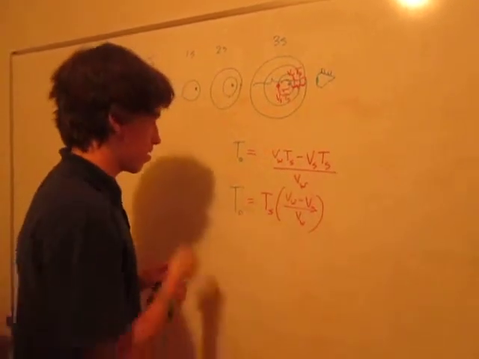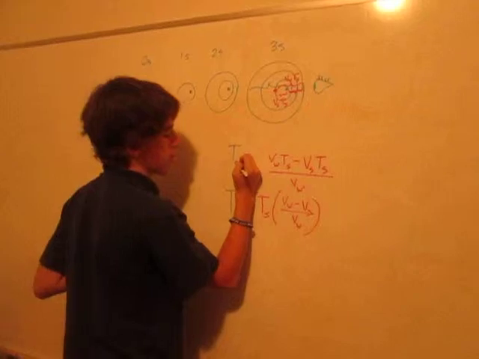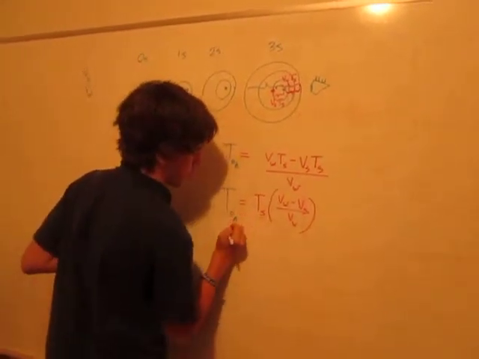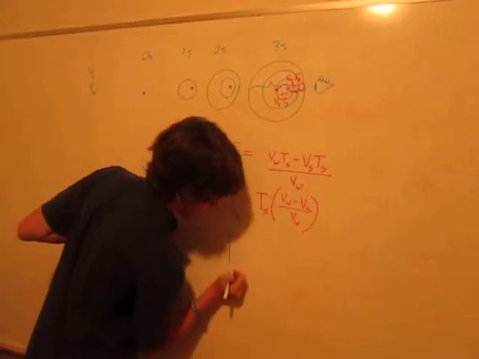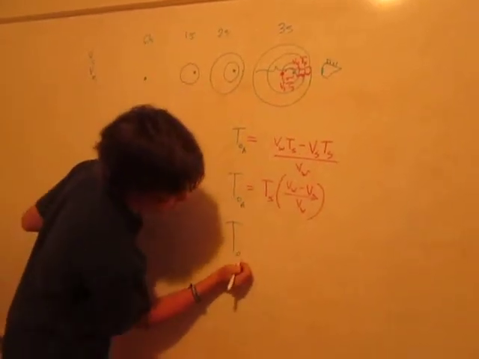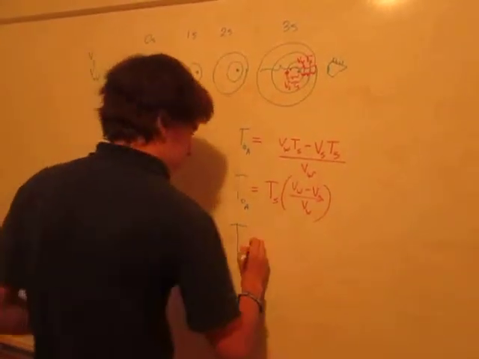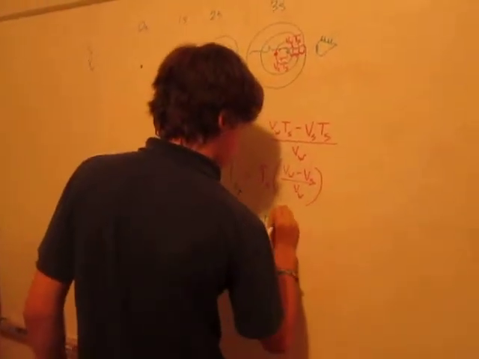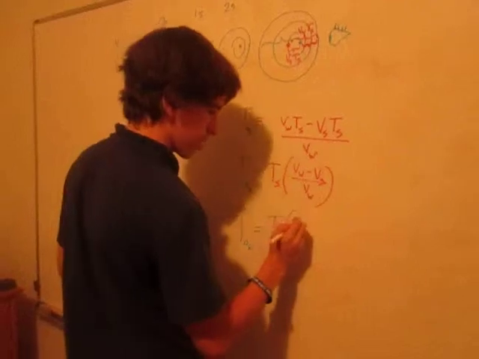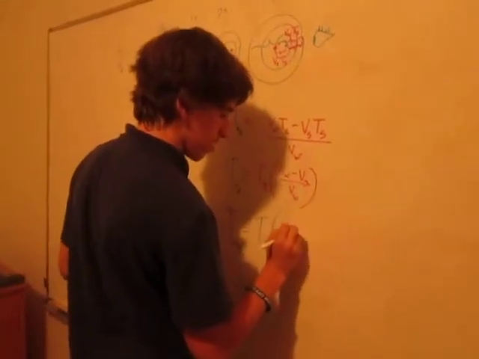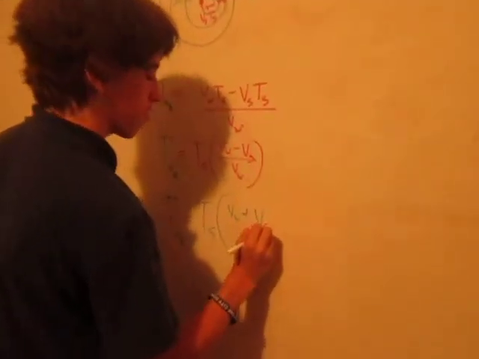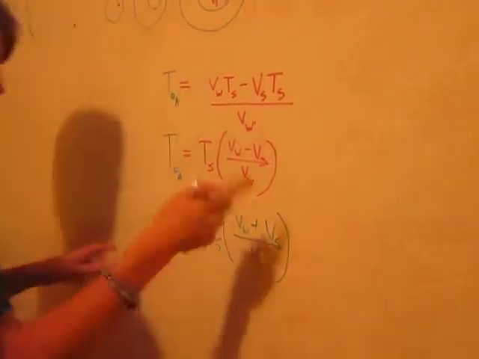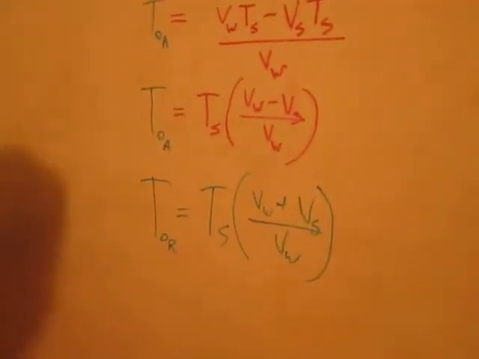And instead, let's say observer approach, and so then, hence, the observer that it's retreating from would be the time that's gone by times the velocity of the wave plus the velocity of the source over the velocity of the wave, and we just reverse this to find the frequency, right?